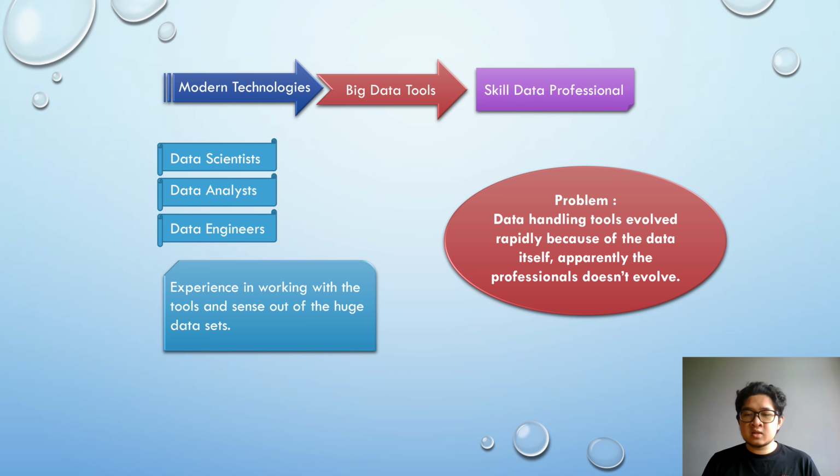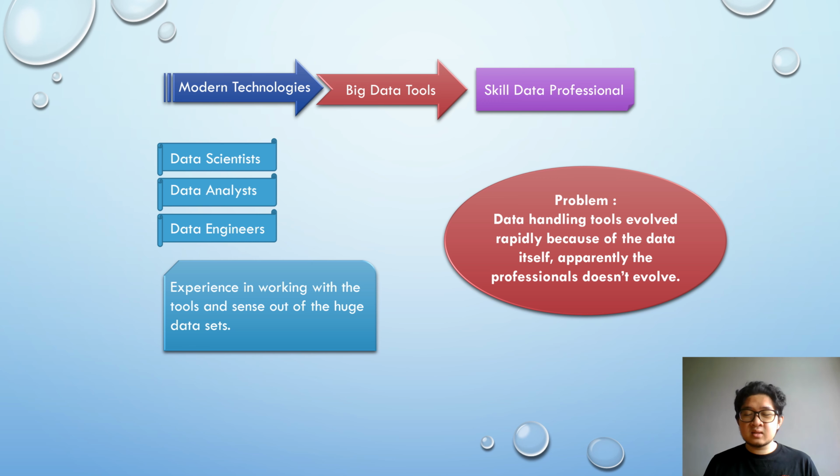When we talk about professionals, there are three main roles, which are data scientists, data analysts, and data engineers. All three of these professionals are experienced in working with the tools and making sense of huge data sets. The problem we could talk about is that data handling tools evolve rapidly because the data itself evolves.